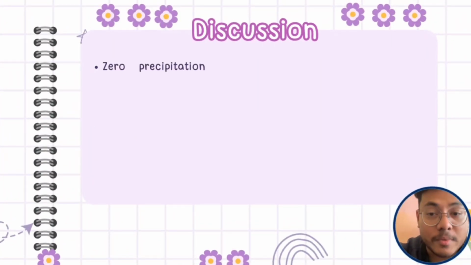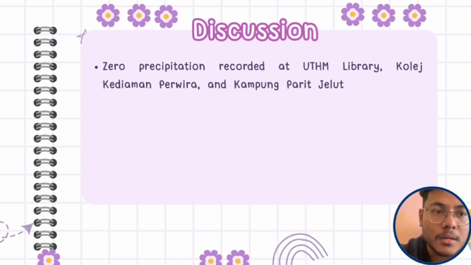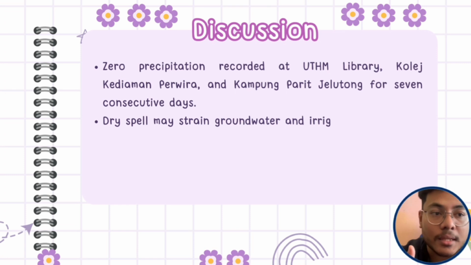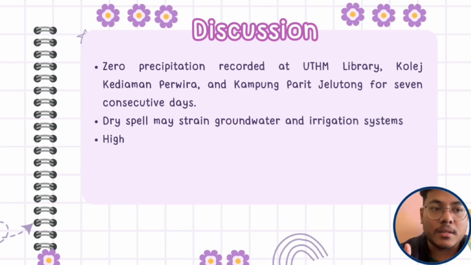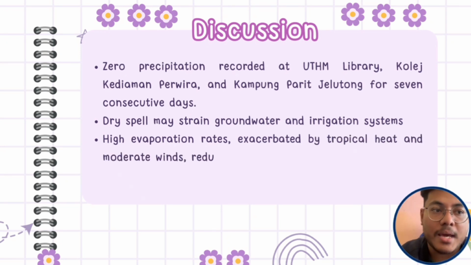Assalamualaikum. Hi, my name is Ibrahim Yusof. I will be presenting the discussion. For the dry spell, alternative water management techniques are necessary for agriculture. The rainfall, evaporation and infiltration data revealed this. High evaporation rates indicate minimal water loss from surface reservoirs, aiding conservation efforts.